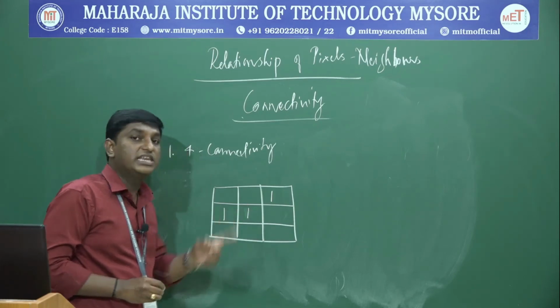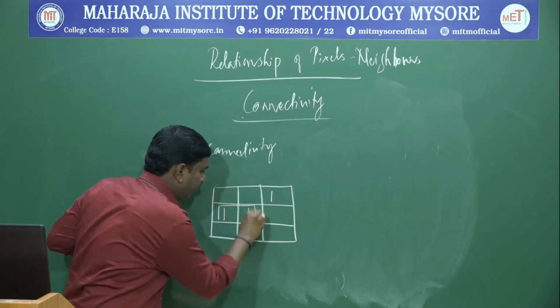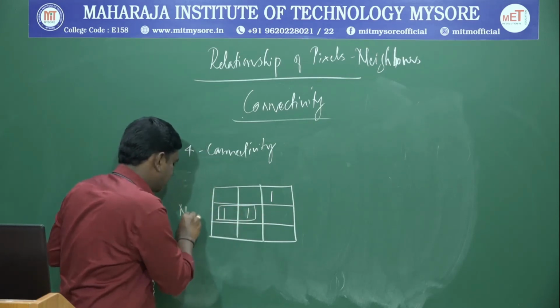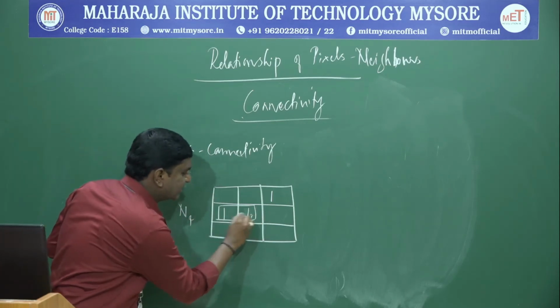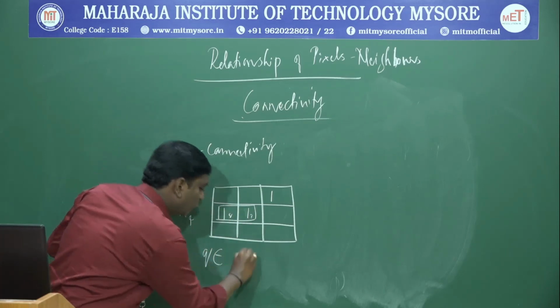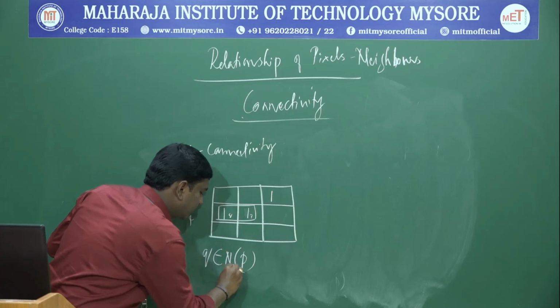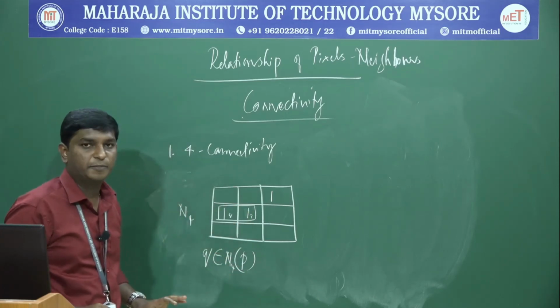This pixel and this pixel are connected with an N4 relationship. Yes. So if I take this as P and this as Q, this Q belongs to P with N4 relationship. Yes. So these two pixels are connected.